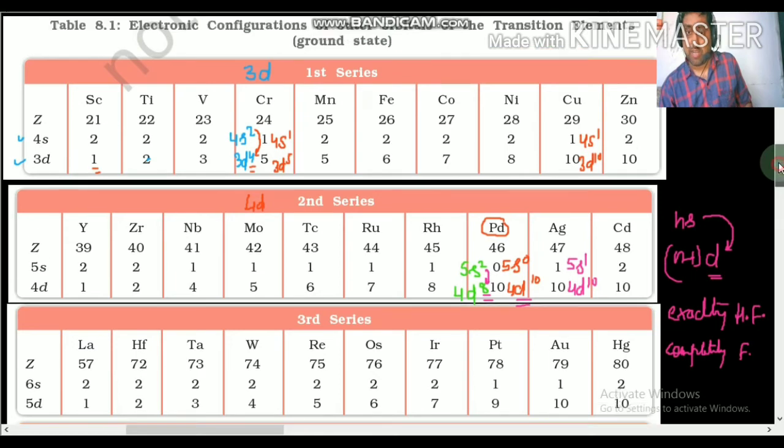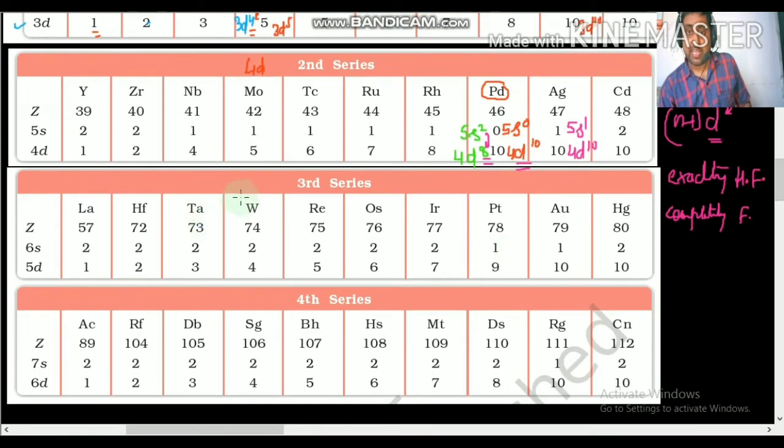Next is the 5d series. Again there is the case of platinum. It has 6s1 rather than 6s2, and 5d9. Now there only one electron gets transferred.